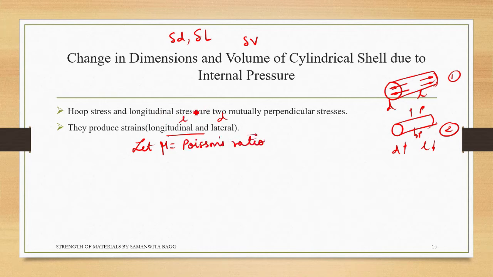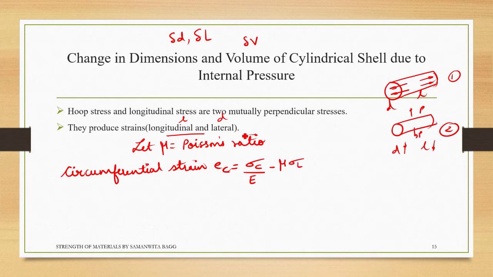Now if you recollect, when we talk about circumferential strain, that is EC, this will be sigma C upon E. This is a basic formula. Circumferential is the direction in which you can see the effect of your load. Which will be lateral in this case?